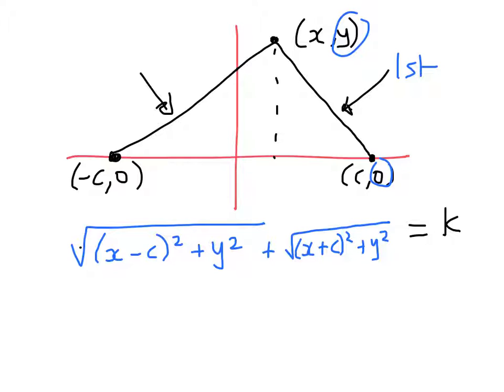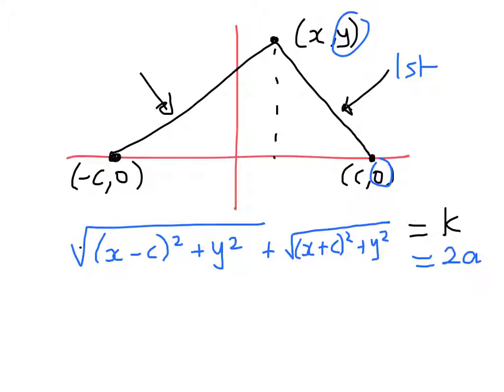And that's equal to some constant. Now it turns out the algebra is tidier if instead of calling this k, we call it 2 times a. Right, so we're going to rename k as 2a.